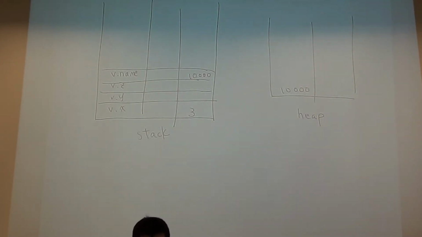Okay, so suppose I want to say integer a, integer b, integer c, and then integer length 1. So I say vector v, okay, v dot x equal to a, v dot y equal to b, v dot z equal to c, and then v dot name.